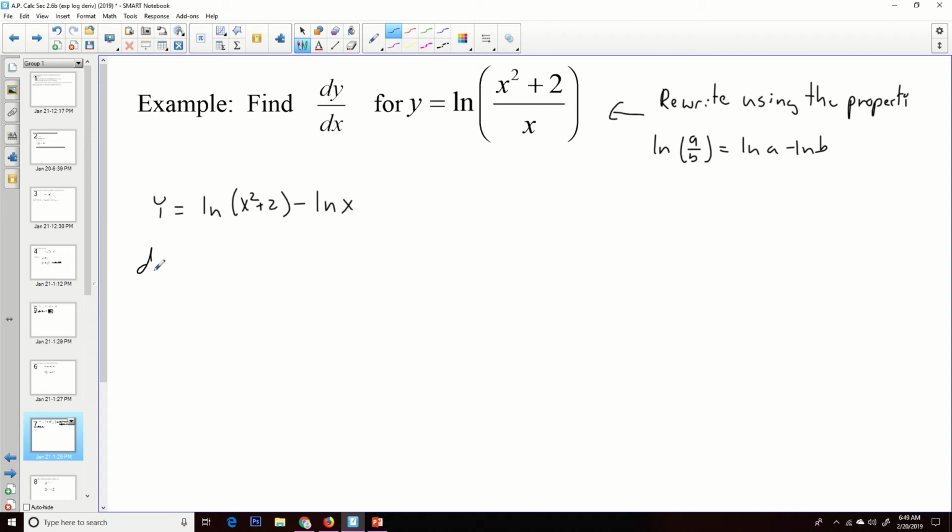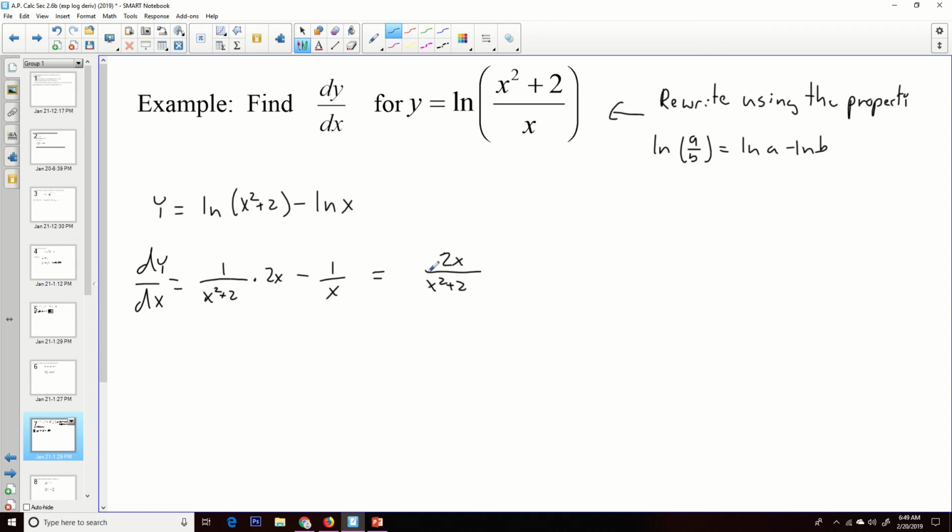Now the derivative of that becomes a lot easier. I don't have to do 1 over a fraction times the quotient rule here. The derivative of this will be 1 over the expression left alone times the derivative of the expression, which would just be 2x, minus, now the derivative of ln x, this isn't an expression, we just go 1 over x, and we can finish that one off by rewriting 2x over x squared plus 2.